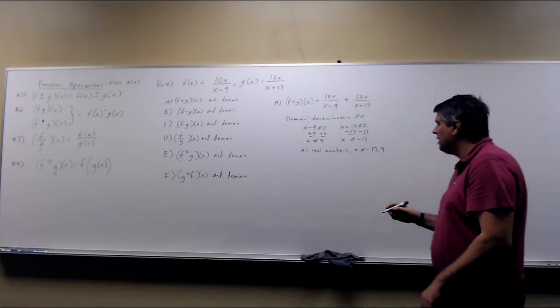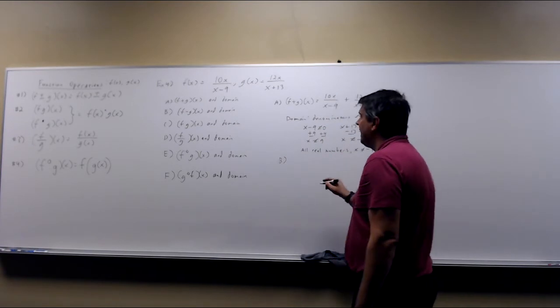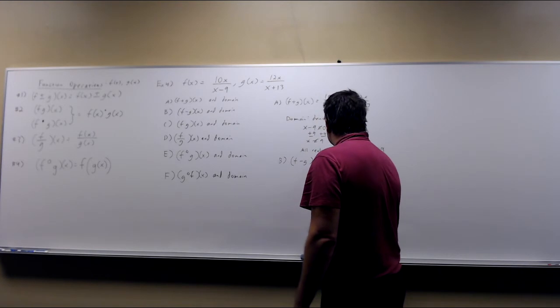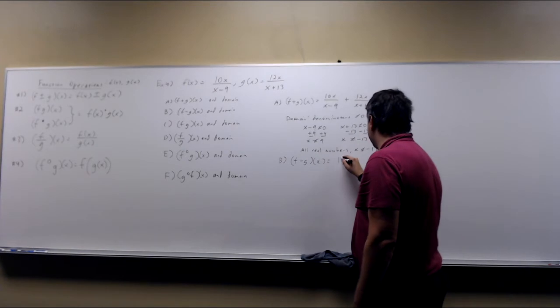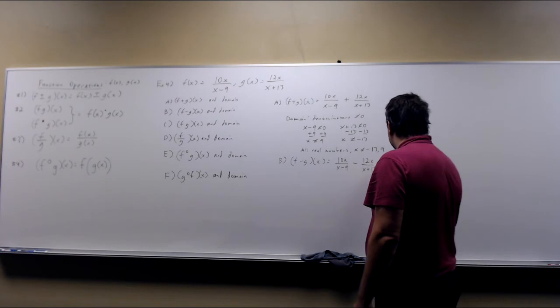Okay? B. f minus g of x is simply f of x minus g of x. So 10x over x minus 9 minus 12x over x plus 13.